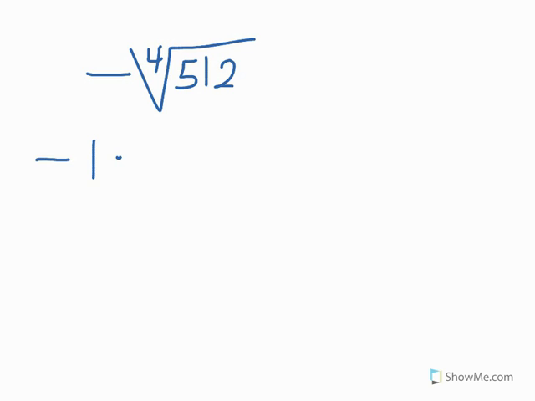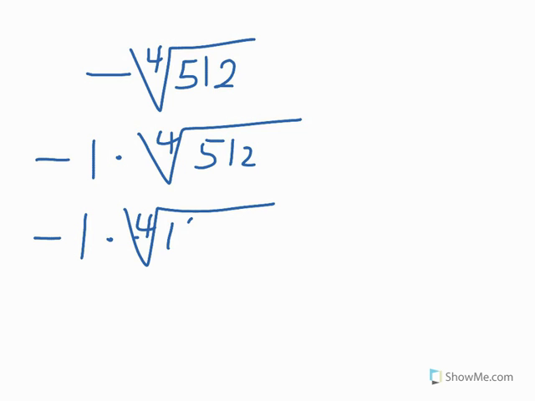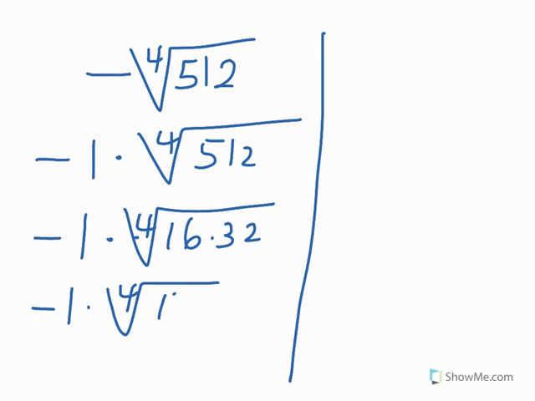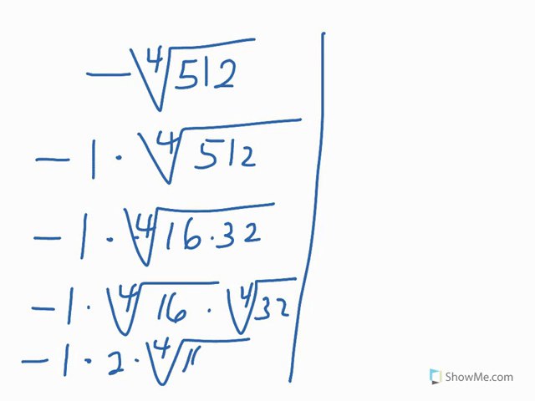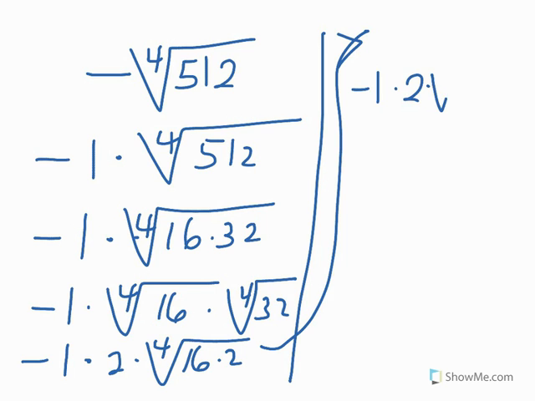Let's try it. So we have a -4th root of 512, which is -1 times 4th root of 16 times 32, which is -1 times 4th root of 16 times 4th root of 32. 4th root of 16 is 2. Then we have to simplify 32, which is 16 again and 2.